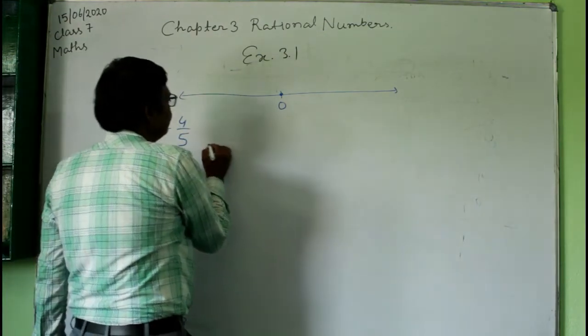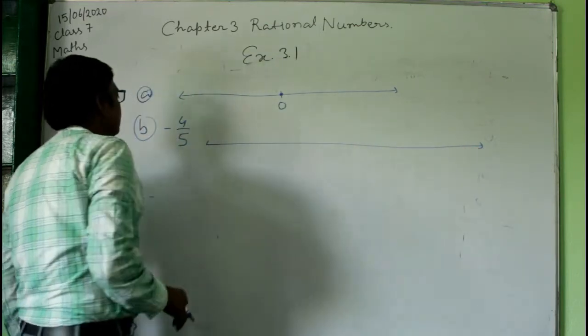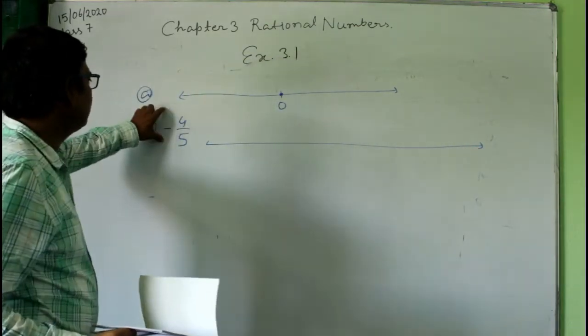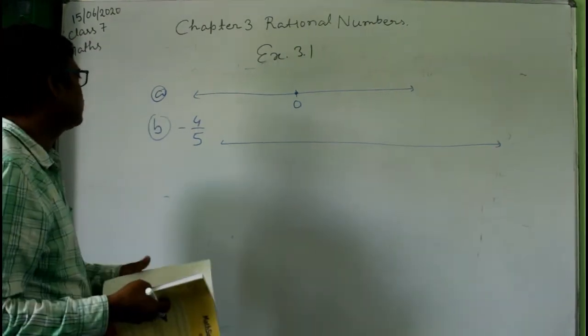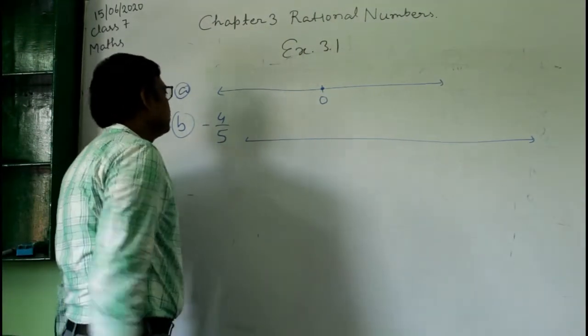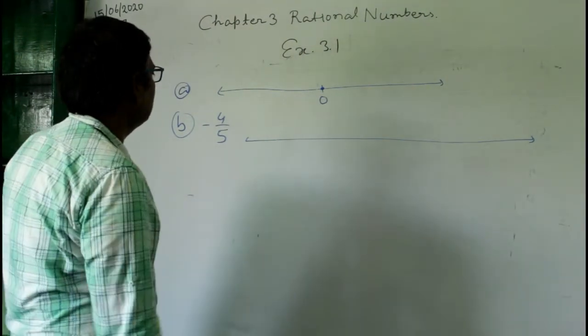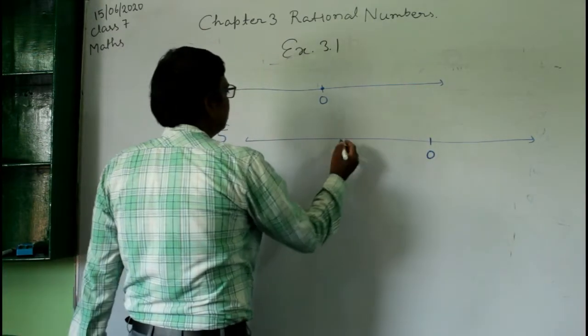So this number, first, this number is greater than minus 1, and this is also negative. So this number will lie between 0 and minus 1. So take 0 and then divide.